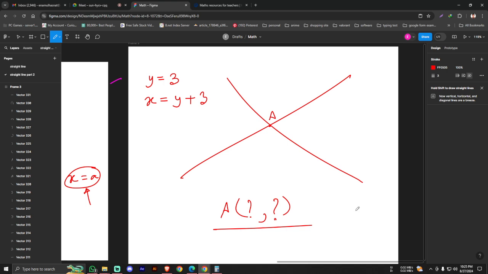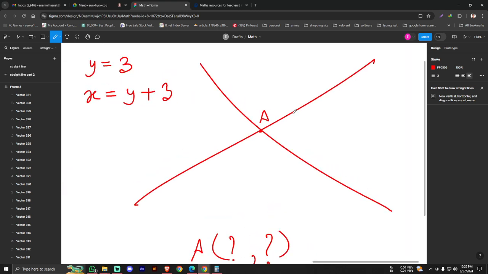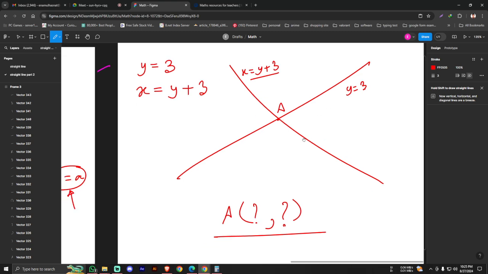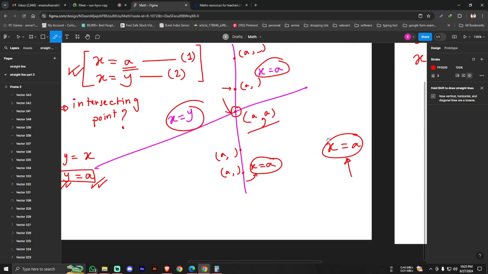These are two straight lines: suppose this one is y is equal to 3 and this one is x is equal to y plus 3. Find this at home, and if not, tell me.